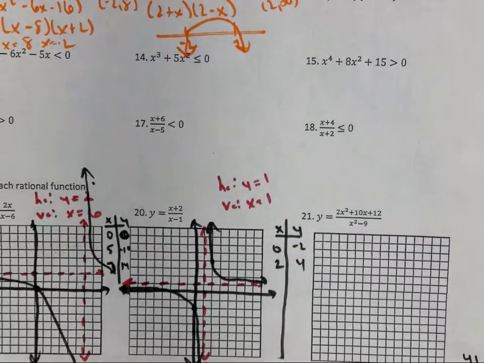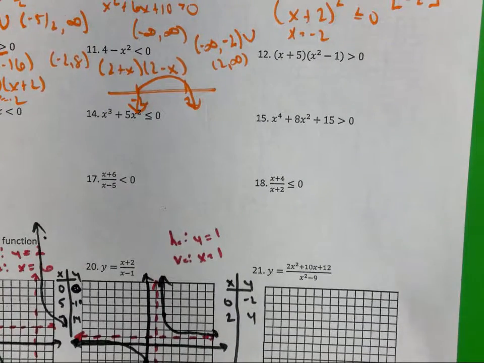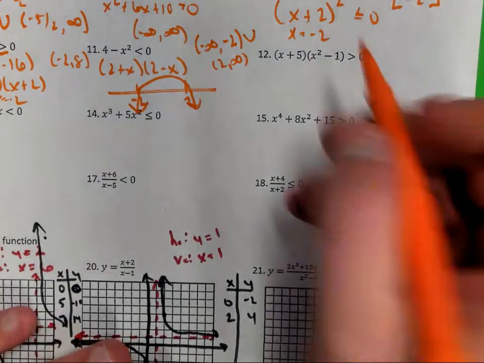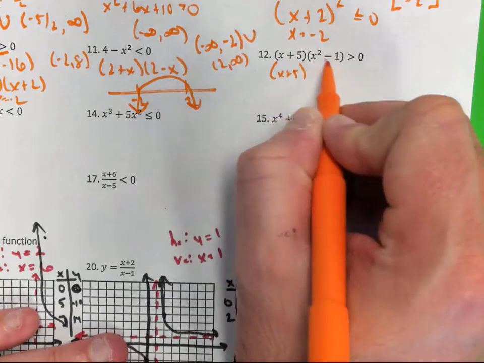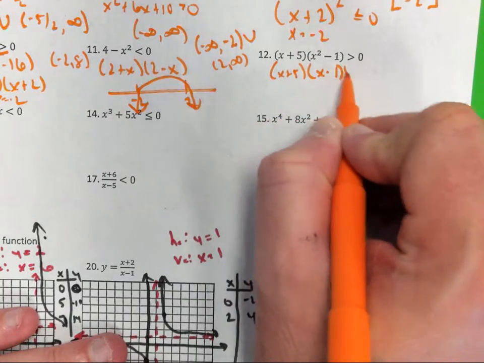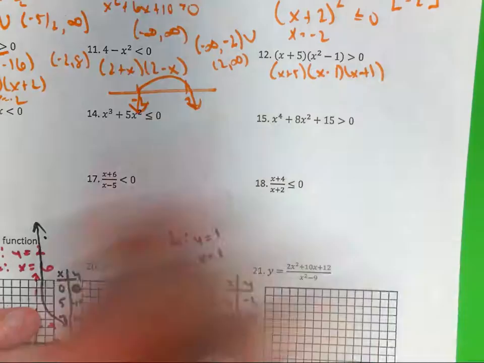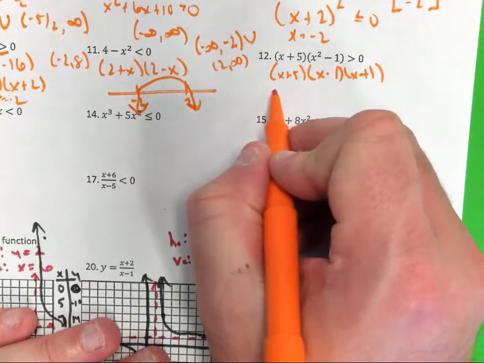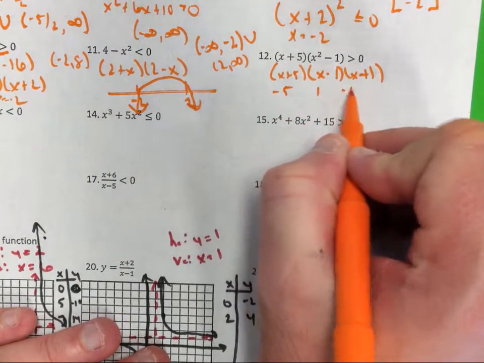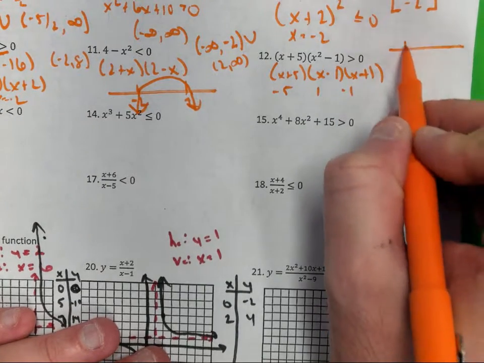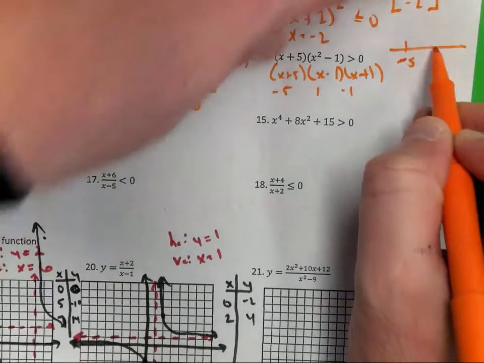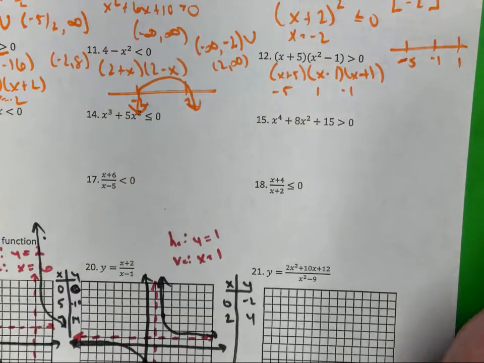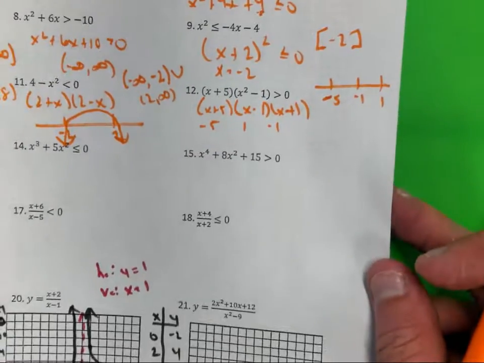All right. Number 12. I'm going to finish factoring this because that's a difference of squares. What type of function is this going to be? Cubic. Okay, very good. So my zeros are negative 5, 1, and negative 1. My leading coefficient here is what?